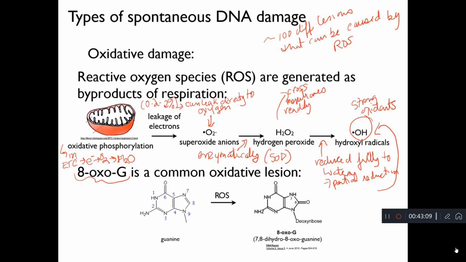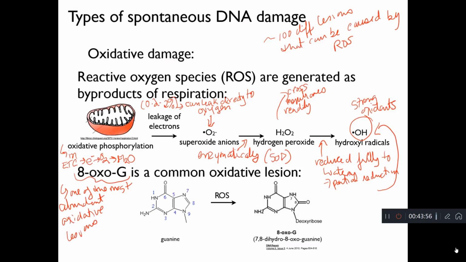And this is kind of an interesting form, I think. 8-oxo-G is one of the most abundant oxidative lesions, and as you'll see, as an abundant lesion, there's a considerable amount of cellular DNA repair capacity dedicated to fixing or removing 8-oxo-G from DNA.